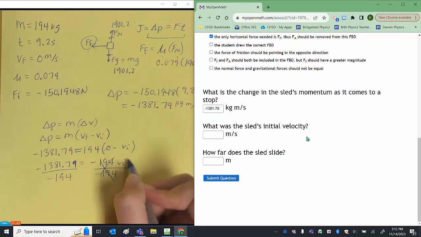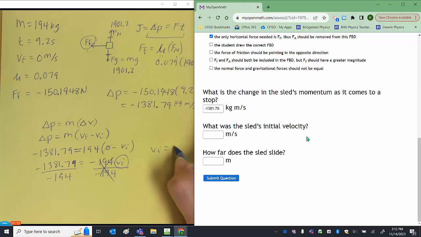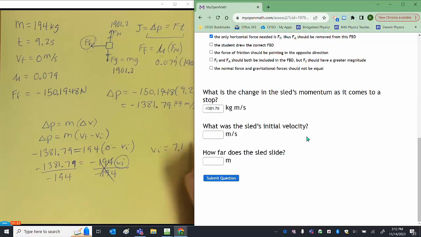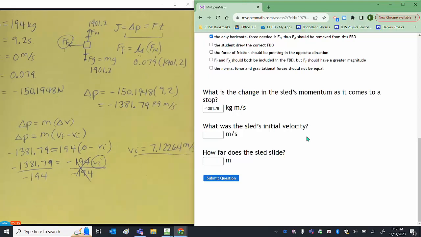To get my initial velocity, those negatives are going to cancel, and I get an initial velocity of 7.12264 meters per second. And that's actually all the digits. I didn't round this one at all. And so that would be the sled's initial velocity. Let's go ahead and type that. 7.12 will be sufficient. We don't need to type all the decimals.